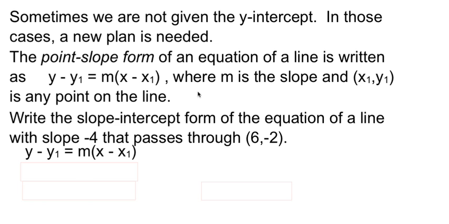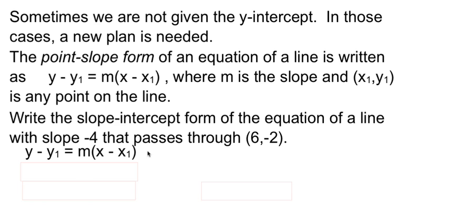So let's write the slope-intercept form for an equation of a line that's passing through (6, -2), and we know the slope is -4. Now they want us to get to slope-intercept form, but we don't have the intercept, so we're going to have to do a little bit of work here.